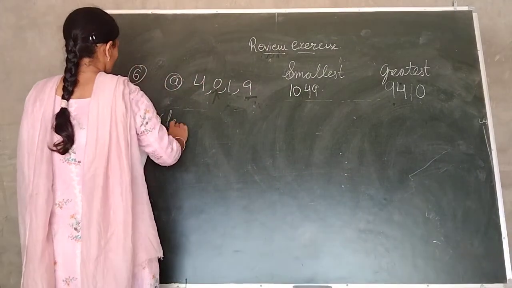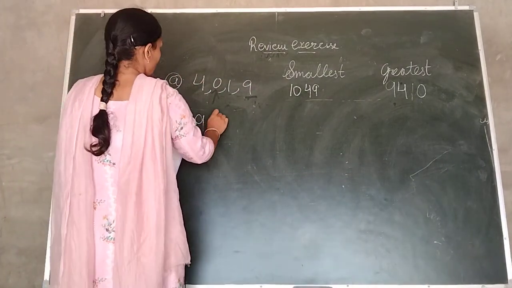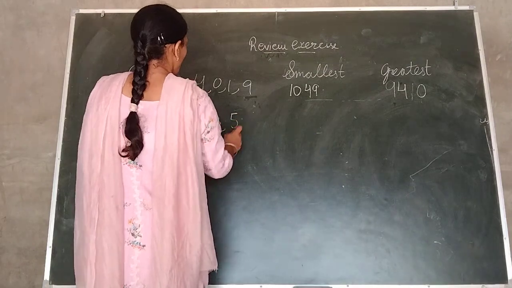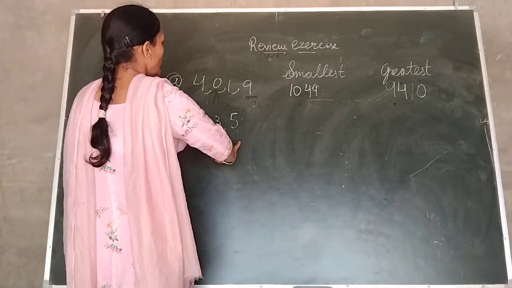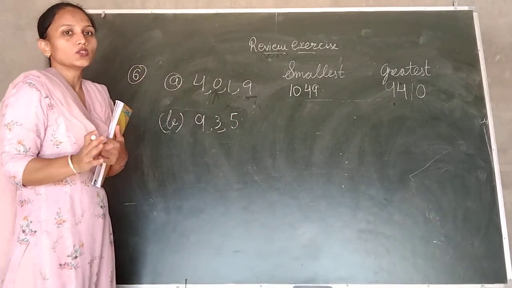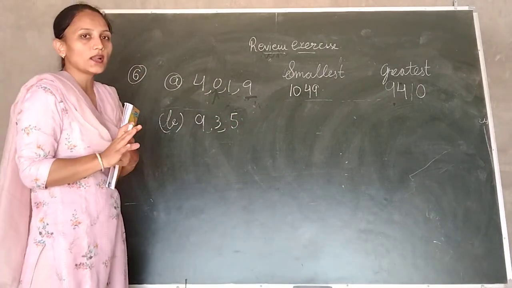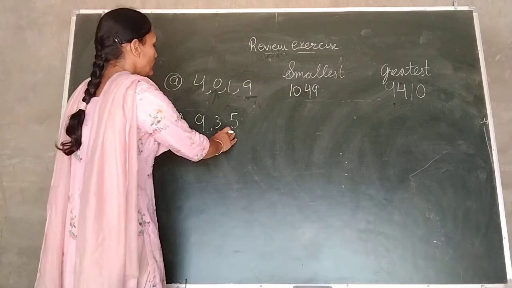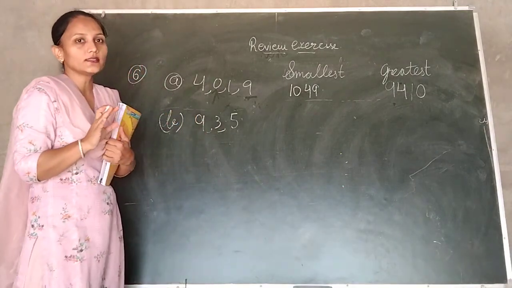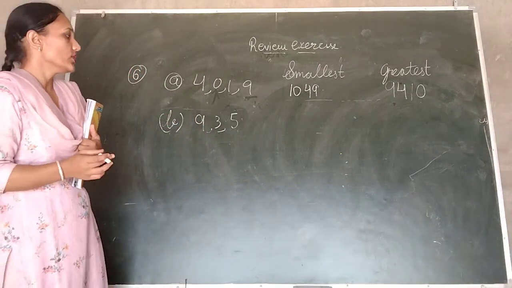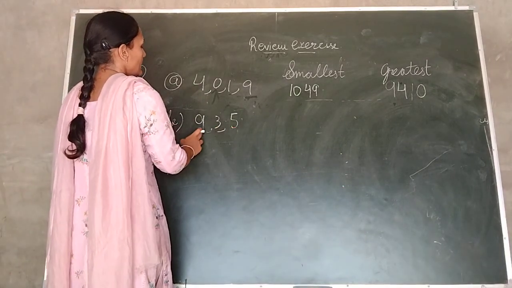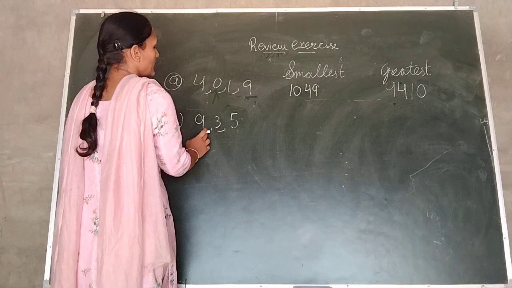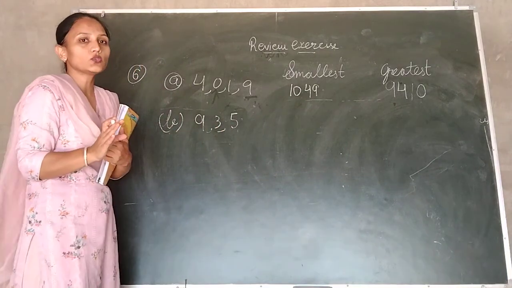Next B part, 935. Now we have given 3 digits and we have to make the 4-digit smallest number. So when we have to make the smallest number, we will arrange these digits in ascending order. First of all, we will write the smallest digit. After that, the digit that is smallest among the remaining digits, and so on.